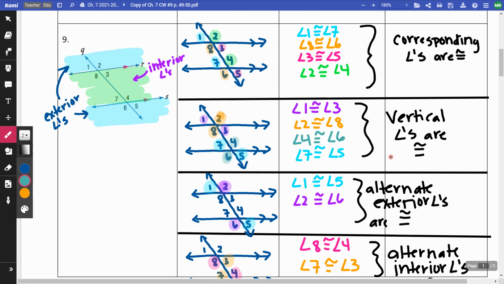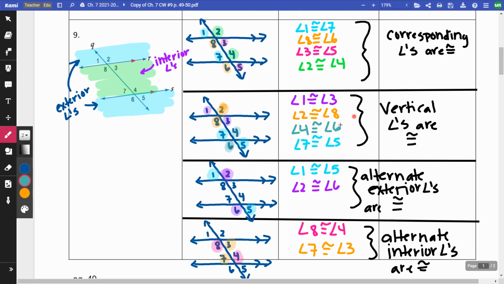Now, this last one, what I did was I copied this and I split this into 4 sections because it didn't have 4 sections.